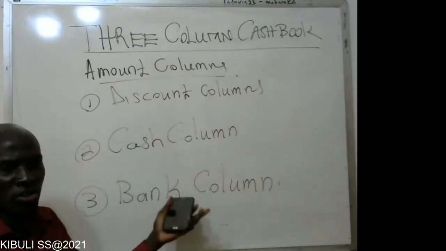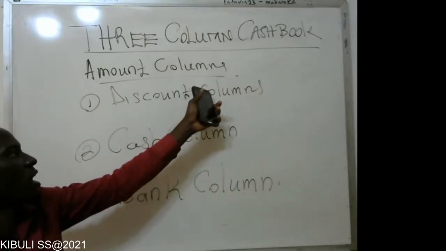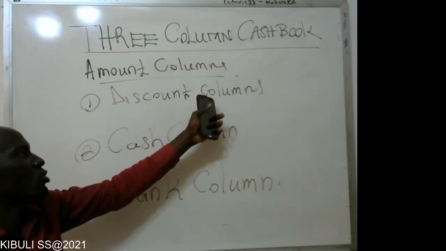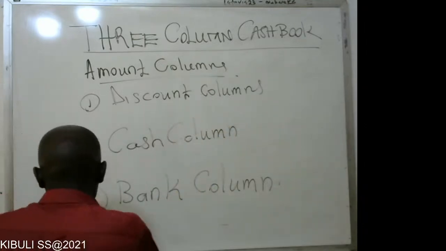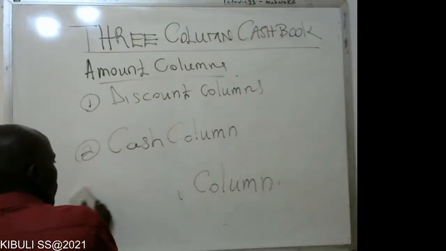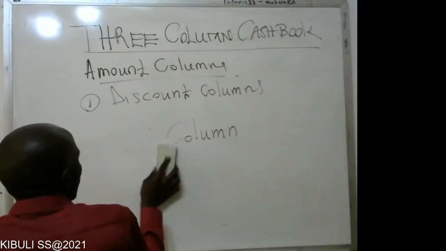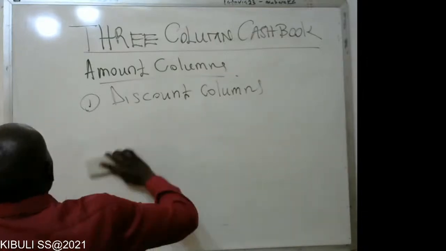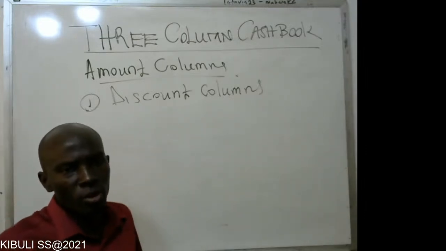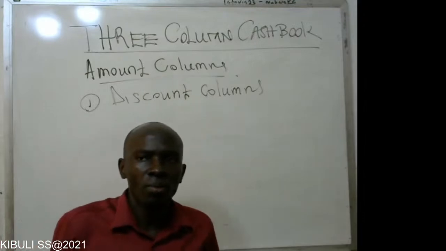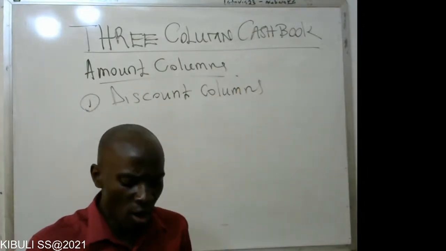Cash, bank, those are the usual we have been recording. Maybe I can explain something to do with the discount columns. Why do we have discount columns this time around? Class, you realize that sometimes you buy goods and they give you a discount.